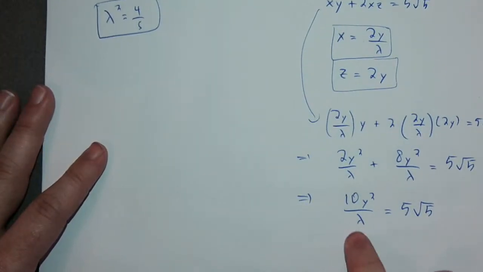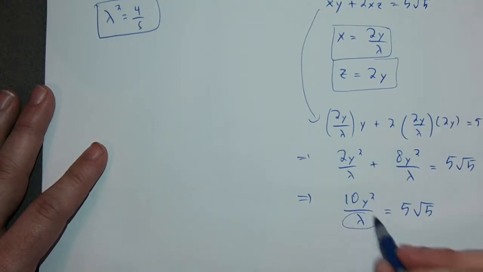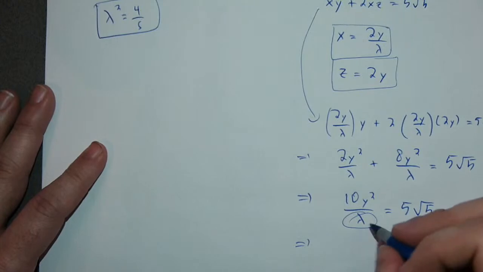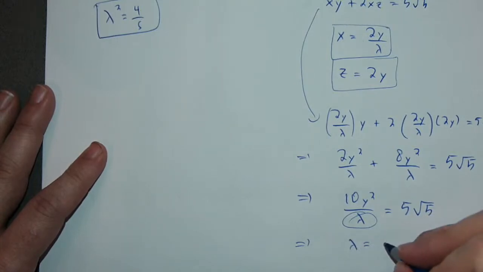So, what does this tell you about lambda? For instance, I can just finish this. I can just say that lambda is 10y squared over 5√5.